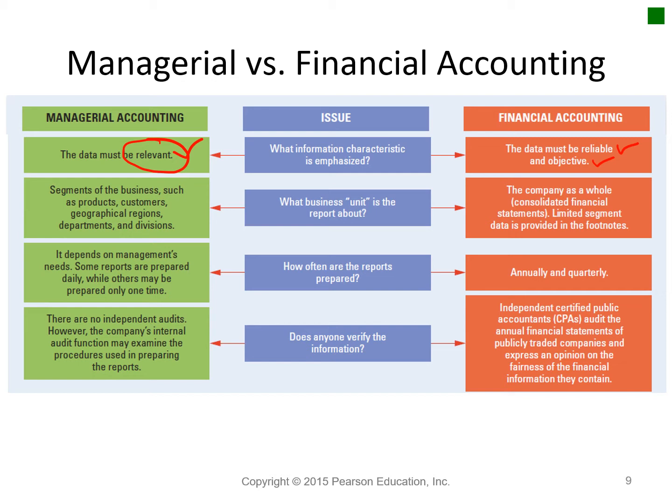All right. Now, keeping it going. It says, what business unit is the report about? Typically in financial accounting, you're reporting on the company. If you have line item segments, there's the 10% rule. Some of you, if you're going to take intermediate accounting, will find out that there's a test you can use to figure out if you have segments that have separate reports. But basically, you're reporting on the company as a whole.